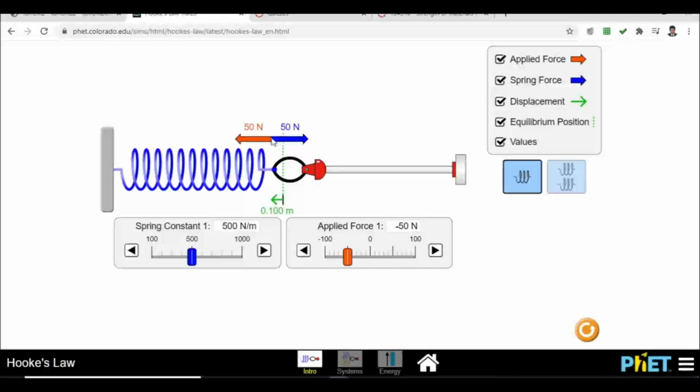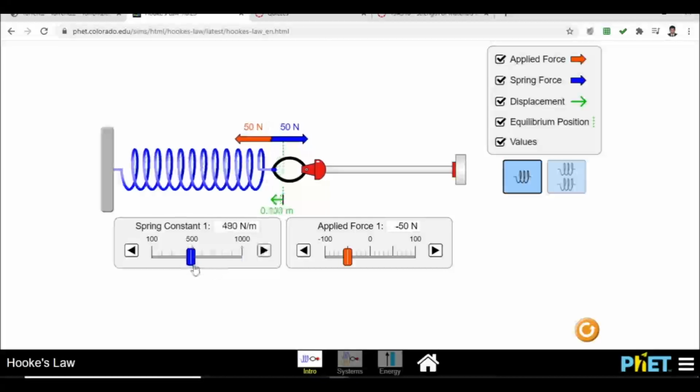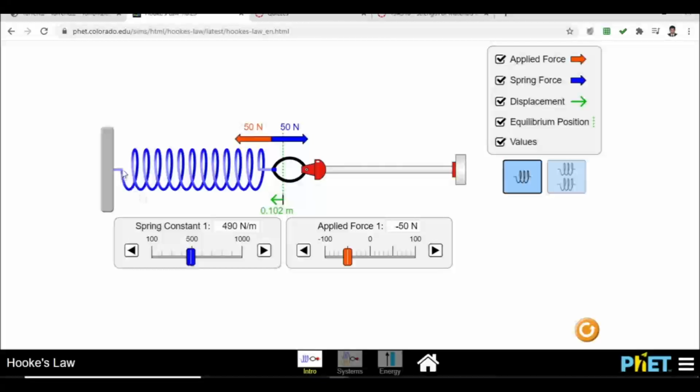So in this simulator, when I'm changing the stiffness value, the number of turns is always kept constant. So the number of turns is always the same. Here the number of turns is 1, 2, 3, 4, 5, 6, 7, 8, 9, 10, 11, 12.